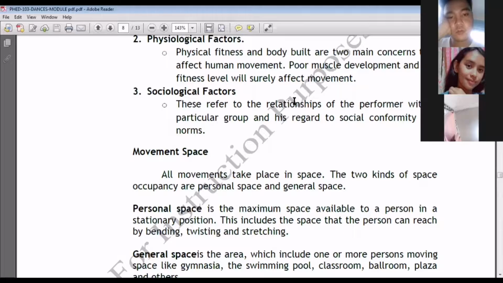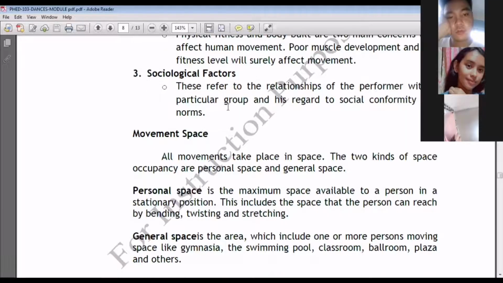Pero, definitely, meron at merong effect yan sa ating performance. Nasugatan ka nga lang eh. Ay, masakit kasi yung kwan ko, ma'am. Diba? Dami yung mga rason. Okay? How about sociological factors?